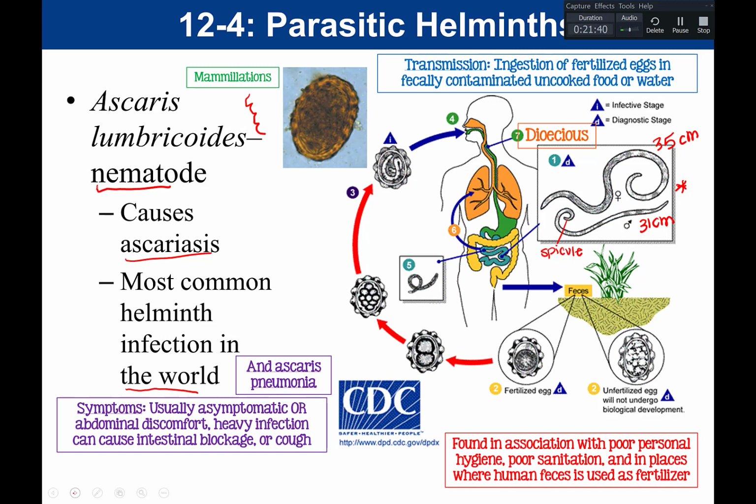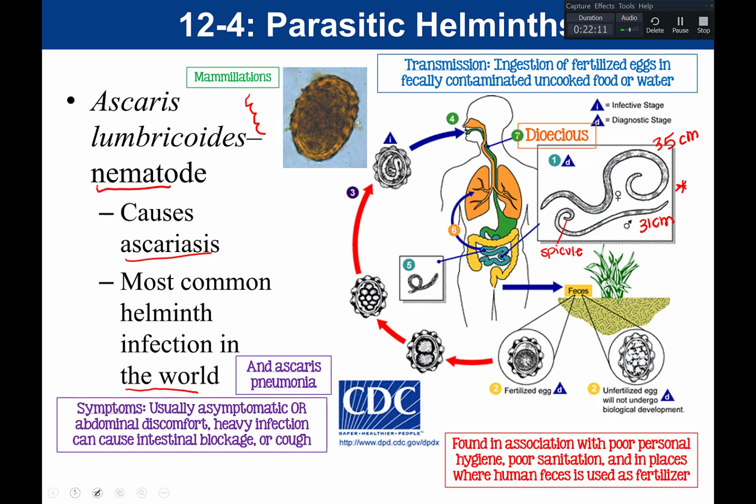They get malabsorption. They're not absorbing their nutrients because these worms are occupying so much of their intestinal wall that it makes it difficult for them to absorb their food. And as a result, patients might have impaired growth. Other symptoms can include a cough due to the migration of the worms throughout the body. And we will come back to the cough in just a moment.